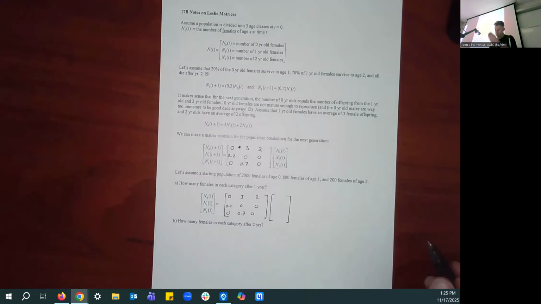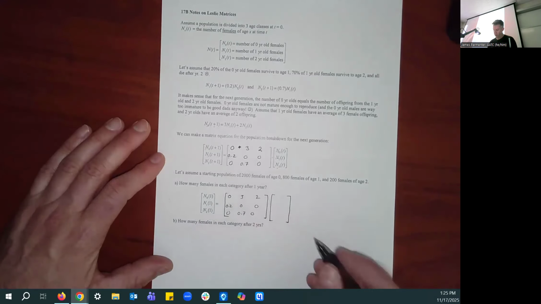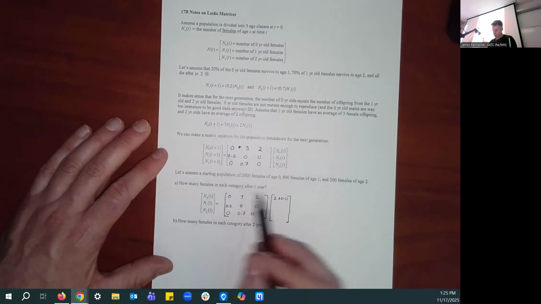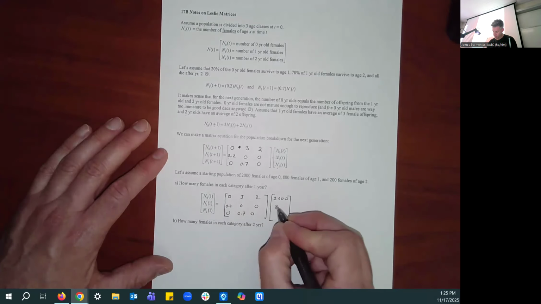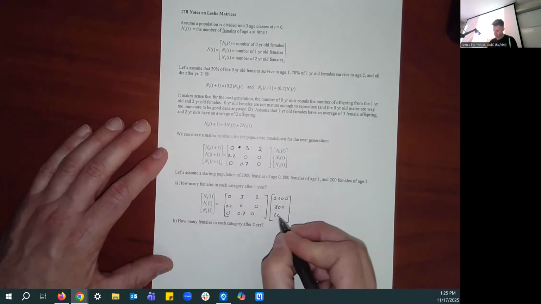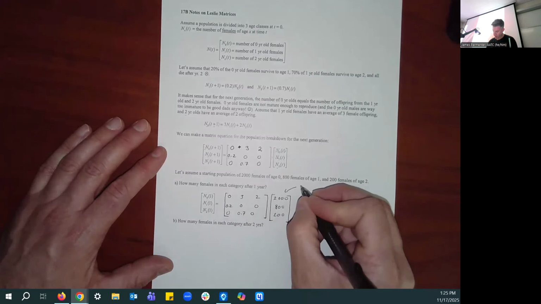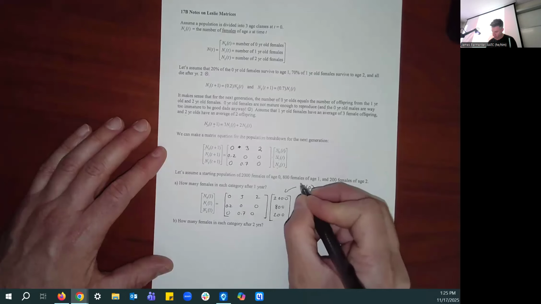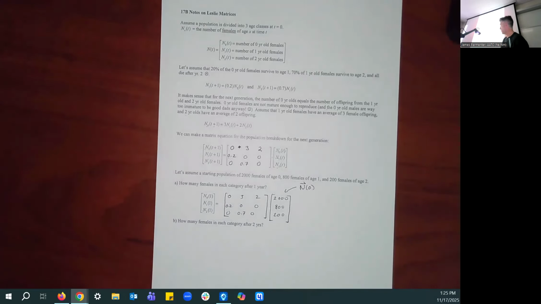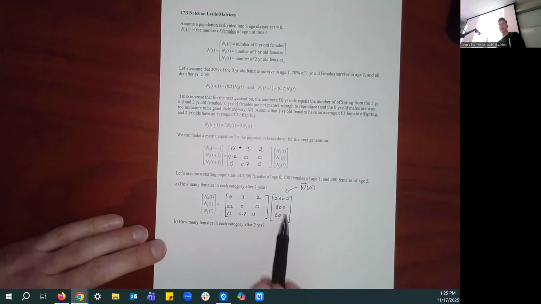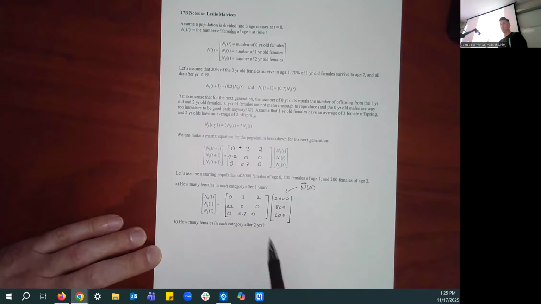We know that in year 0, there are 2,000 females of age 0, and then 800 females of age 1 and 200 females of age 2. So this is our n of 0 vector: n0 of 0, n1 of 0, n2 of 0. We're going to multiply this vector that's telling us all the populations at time 0 by the Leslie matrix to get all the populations 1 year later. Let's see what we get.